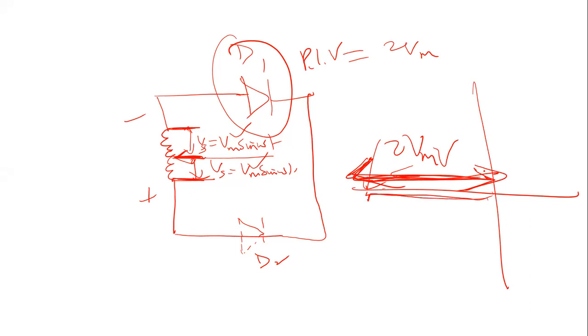If your peak inverse voltage is so large that it is even greater than the avalanche breakdown, it will definitely cause breakdown of the junction, and this diode D1 will be burned.